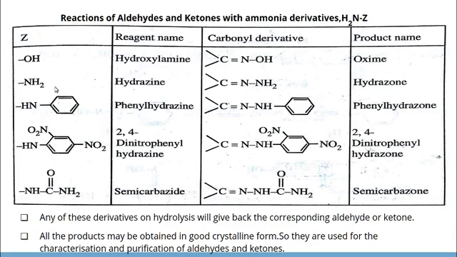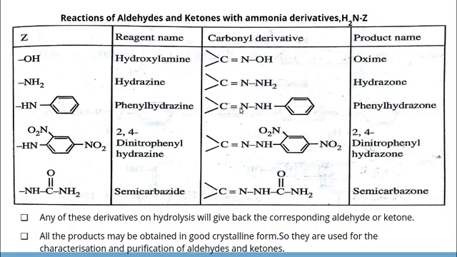Another reagent is NH2NH2. Z is NH2, so we get hydrazine, NH2NH2. The product, a carbonyl derivative with this structure, is known as hydrazone. Another ammonia derivative: if in hydrazine one of the hydrogens is replaced by a phenyl group, we will get phenyl hydrazine, NH2NHC6H5.